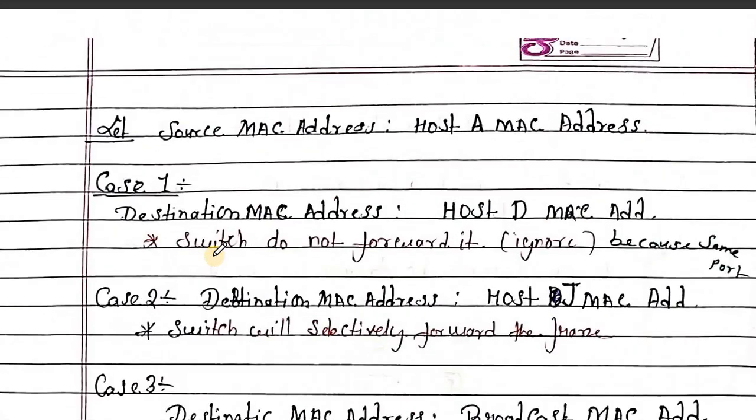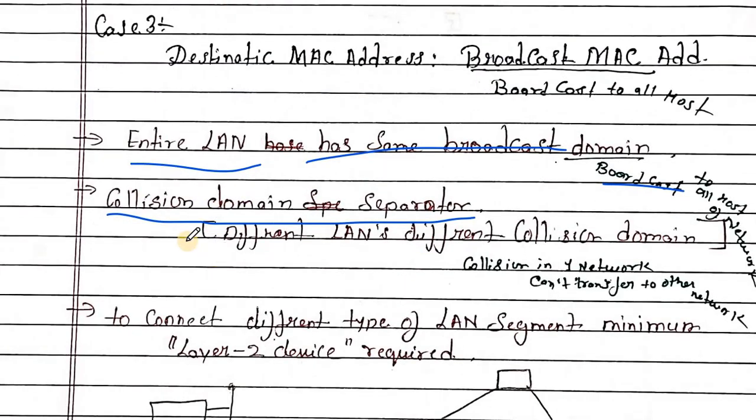Previously we know a hub is not a collision domain separator, but here the switch is a collision domain separator.